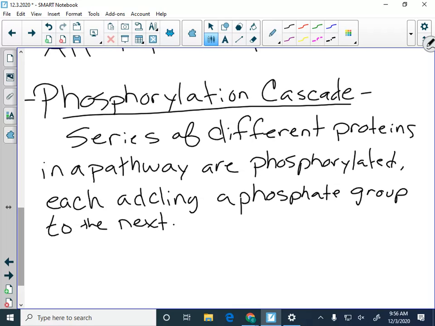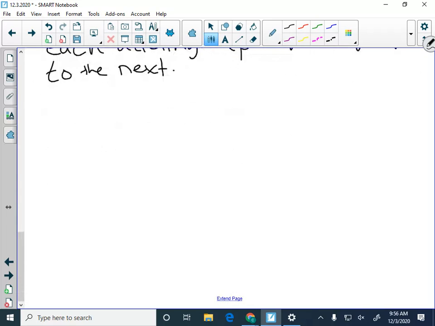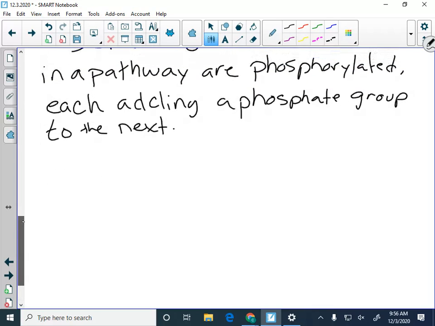But like everything in biology, what can be done often can be undone. So just like we have to turn these signals on, we also have to turn these signals off so we're not wasting time, energy, and resources. So we have special molecules that will undo what our protein kinases do, and they are called protein phosphatases.